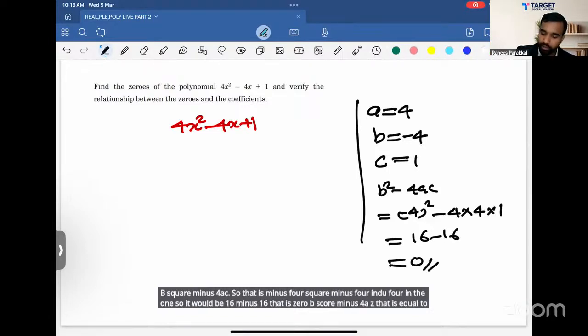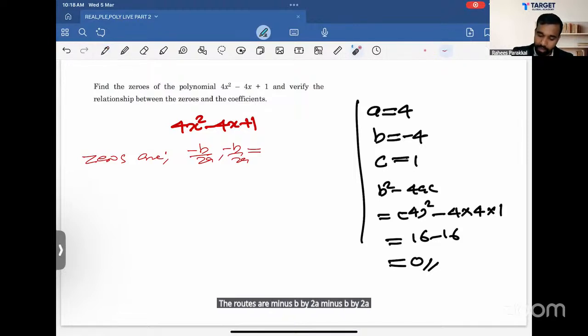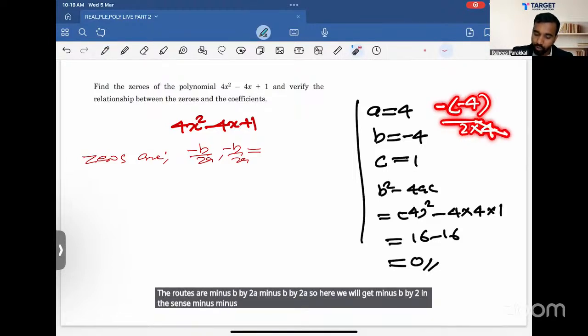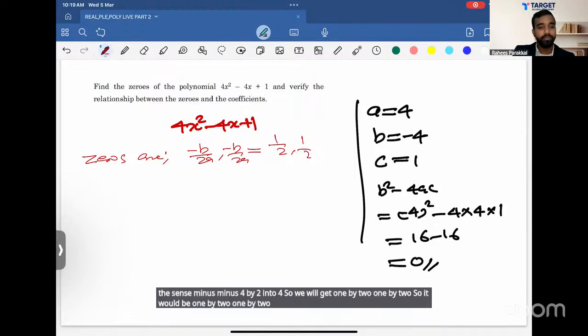That means the zeros, or the roots, are minus b by 2a and minus b by 2a. So we get minus b by 2a, in the sense minus of minus 4 by 2 into 4, so we will get 1 by 2, 1 by 2. Zeros are 1 by 2 and 1 by 2.